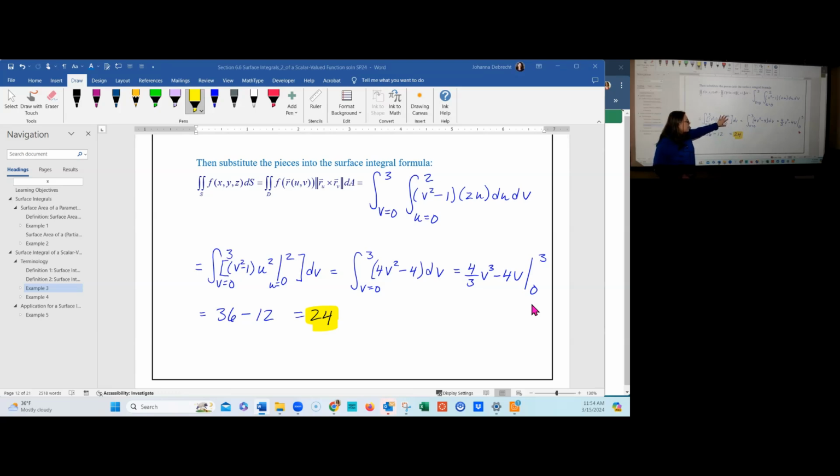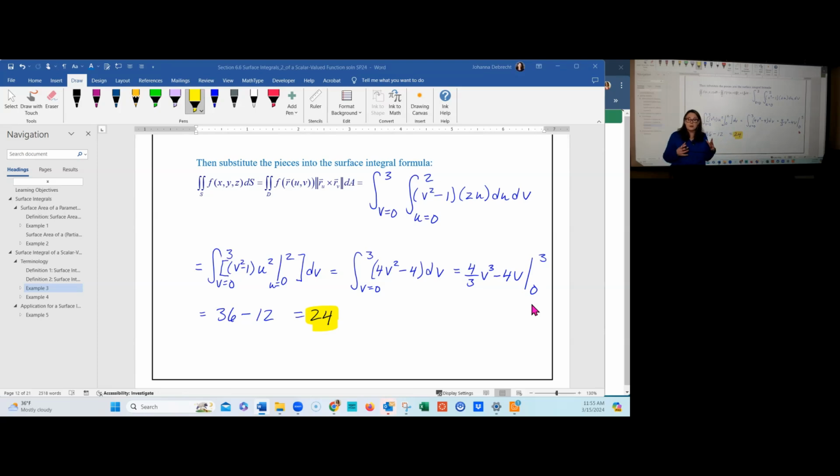This would give me a factor of 4, which I multiplied by v squared minus 1, giving me 4v squared minus 4 for the new integrand. Then I integrated this with respect to v to get 4/3 v cubed minus 4v and evaluated between 0 and 3. The final value I got was 24.